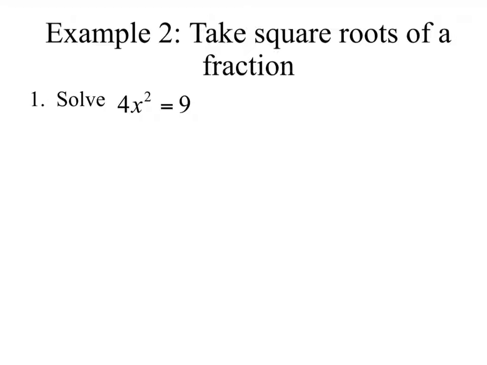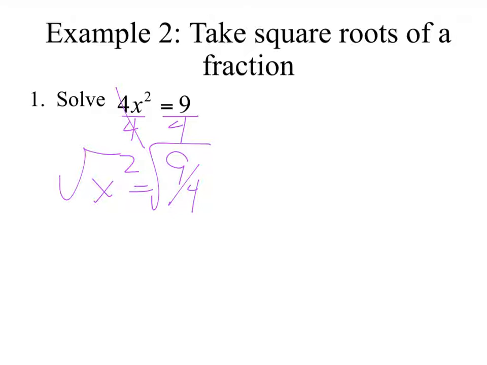Here we're going to look at how we take the square roots of a fraction. It's pretty much the same thing, except you're going to take the square root of the numerator and the square root of the denominator. So first I'm going to divide each side by 4 to get my x squared by itself. So x squared equals 9 over 4. We're going to square root each side. And basically what we're doing is the square root of 9 over the square root of 4.